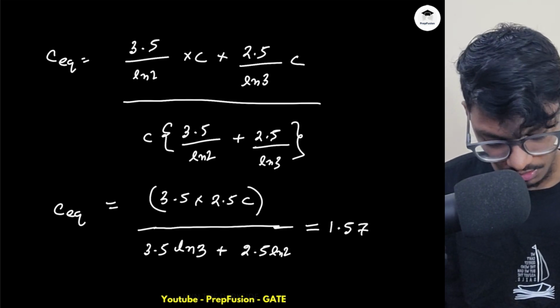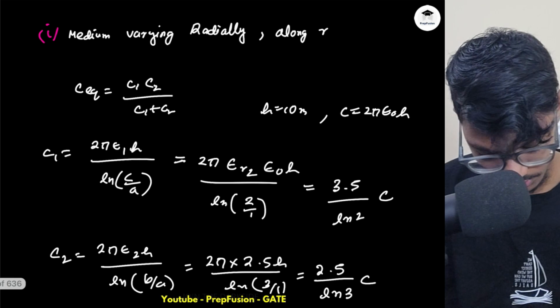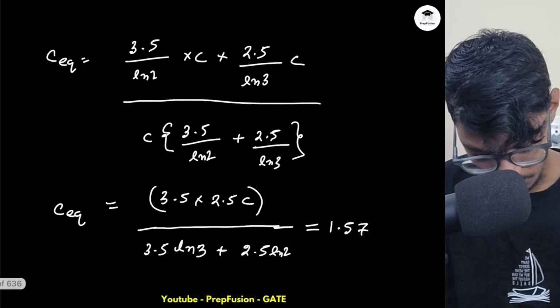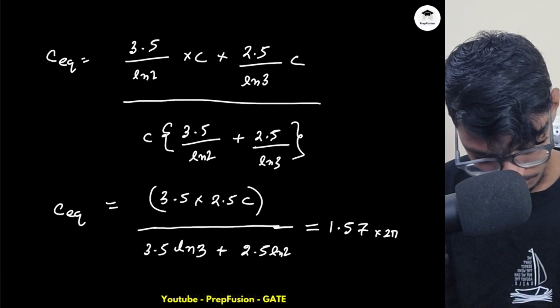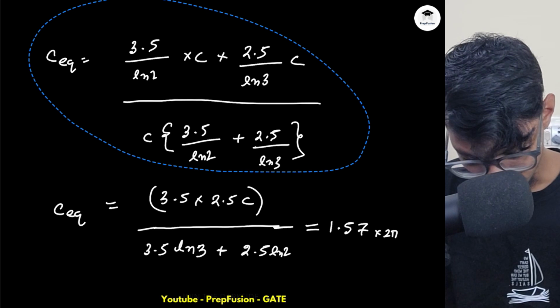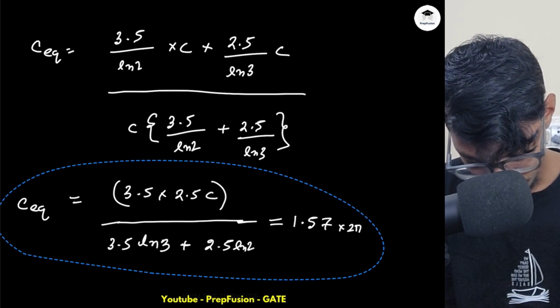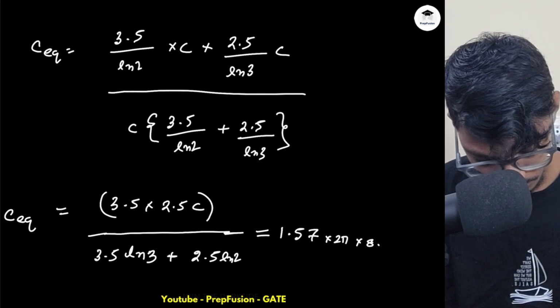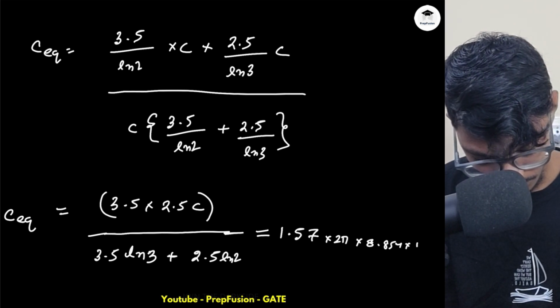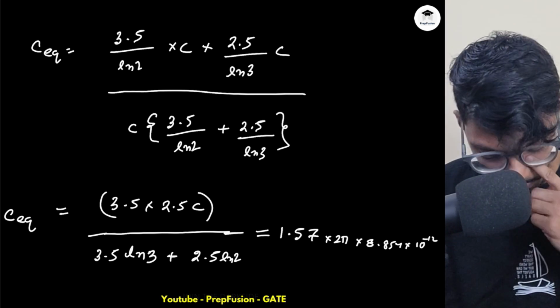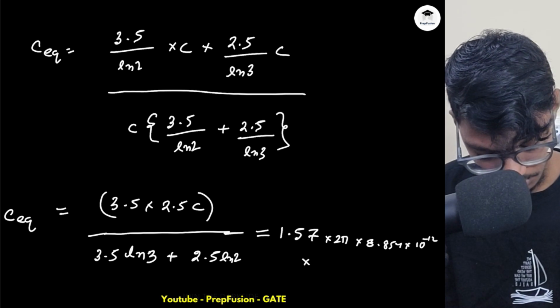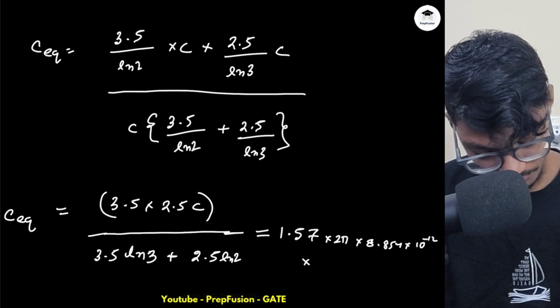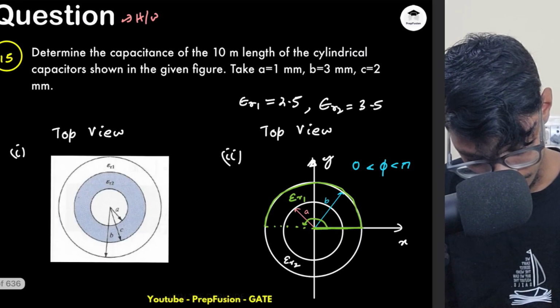So this is 1.57 into C. What is C? C is 2 pi into 8.854 into 10 to the minus 12 into 2 pi epsilon into height, right? Height was 10, which I remember.